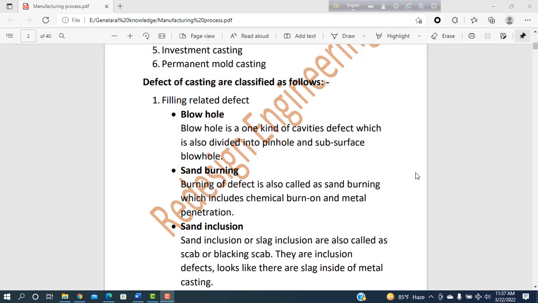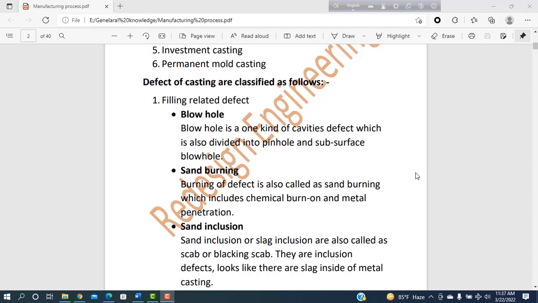Defects of casting are classified as follows. There are different types of defects in casting. The first one is the filling-related defect, blowhole. Blowhole is a kind of cavity defect, which is also divided into pinhole and subsurface blowhole. Sand burning.